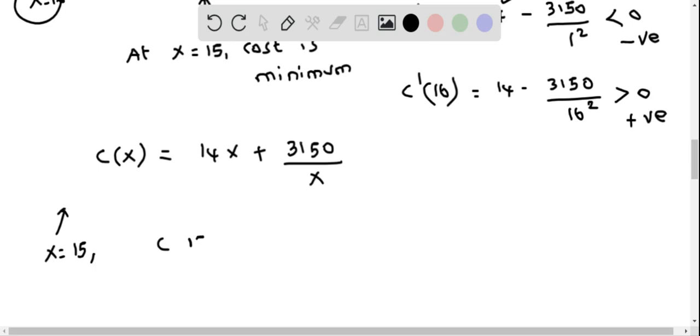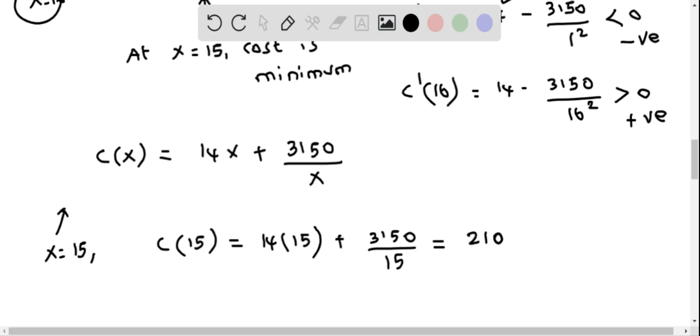So therefore this becomes C of 15. This equals 14 times 15 plus 3150 over 15. So 14 times 15 is 210, plus 3150 over 15, we get 210.